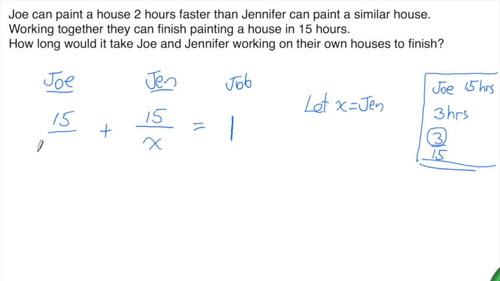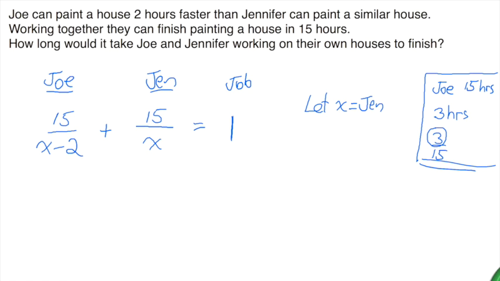So this x is going to have to lose 2. So we get this setup where Joe's completion rate of the house is going to be 15 out of x minus 2. Jennifer's is going to be 15 out of x. And when you add these two together, it has to equal finishing painting the one house.